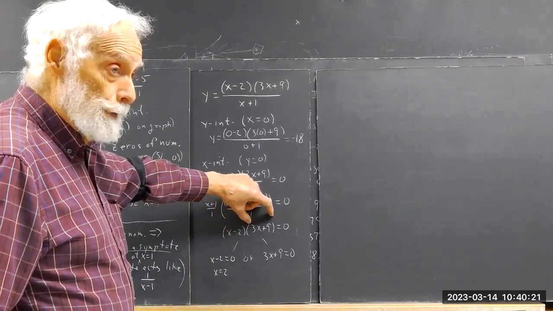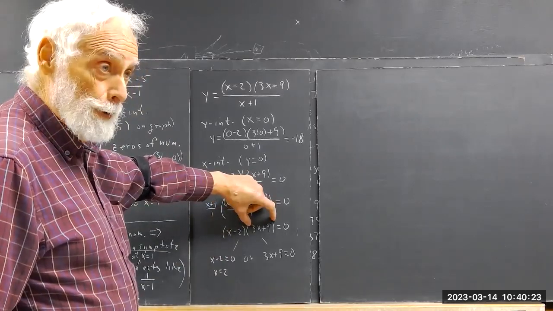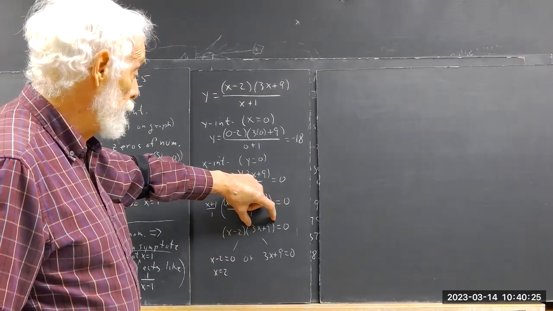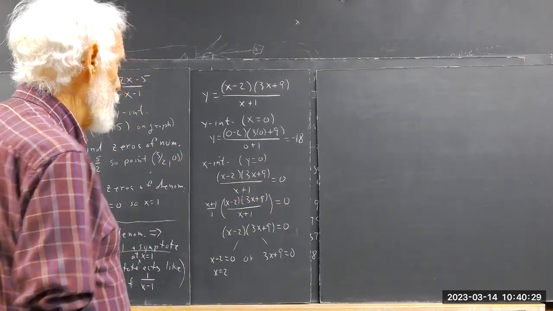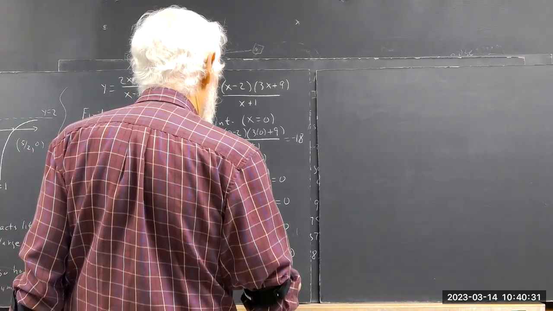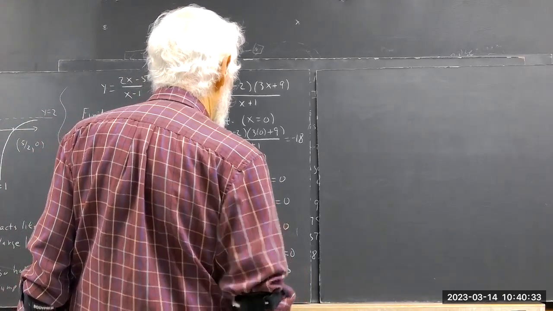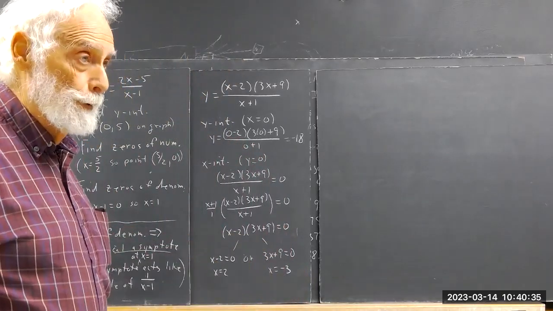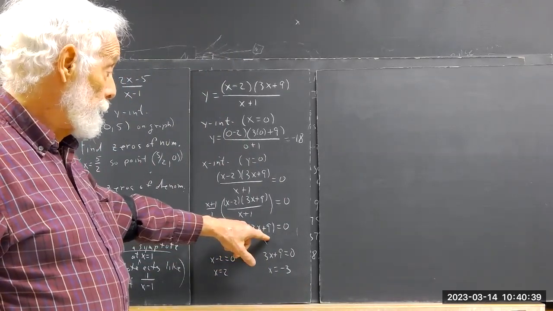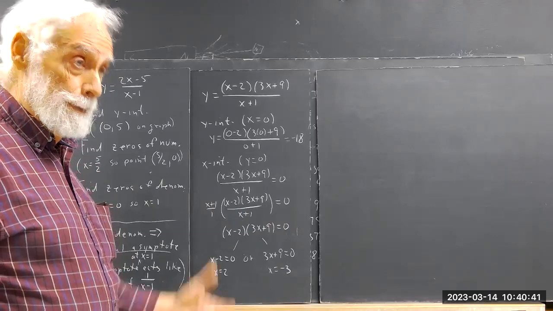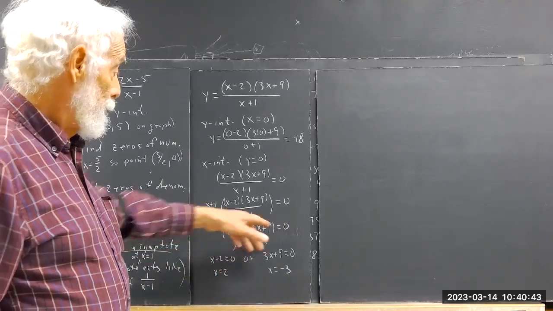Now this is going to be 15, but 0 times whatever this is, whether it's 15 or 98 or even 0, it's going to get you 0. And 3x plus 9 equals 0, that's easy to solve. Everybody can solve that. You get x equals negative 3. So if you plug in x equals negative 3, you get negative 9 plus 9 is 0. Okay, and the whole thing is 0.